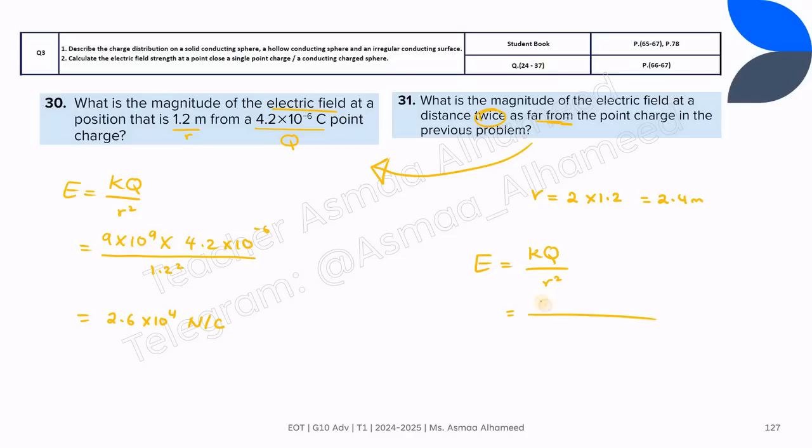K is 9 times 10 to power 9 times 4.2 times 10 to power minus 6 over 2.4 squared, and the answer will be 6.5 times 10 to power 3 Newton per Coulomb. If R increases, electric field will decrease because you are going away.